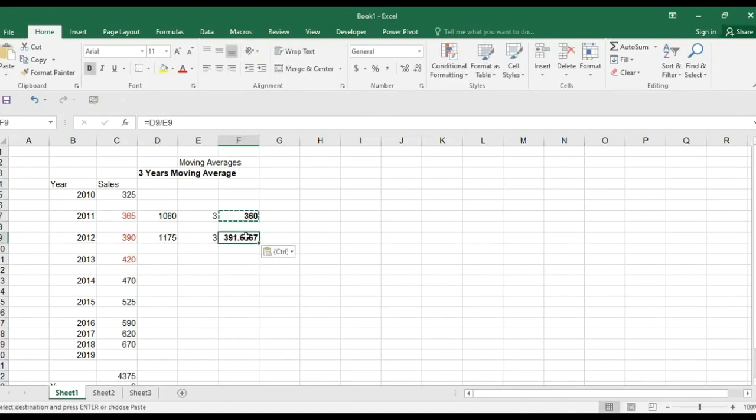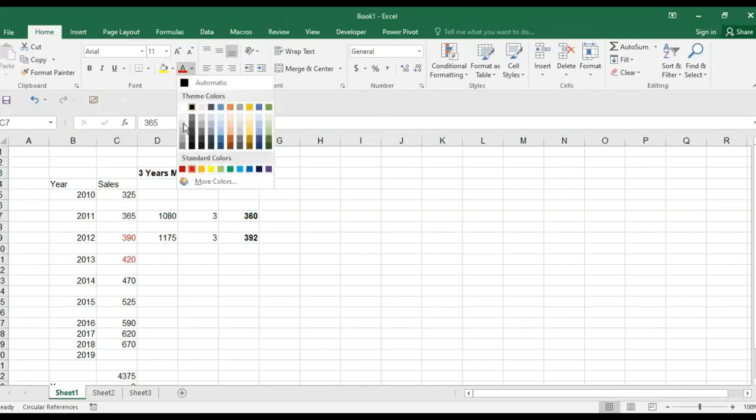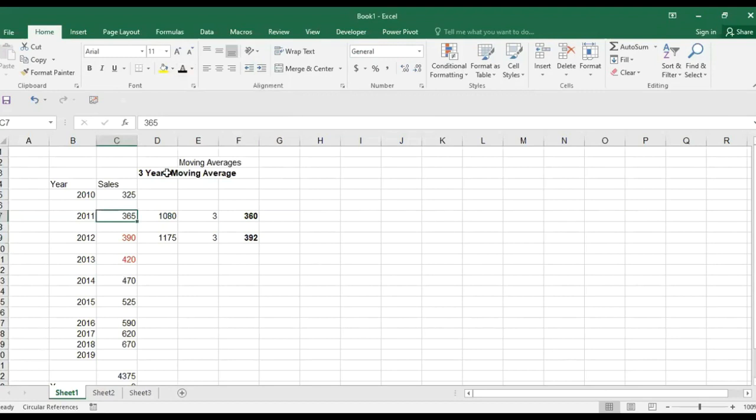So this 391 or 360, you call it a 3 years moving average, because it's an average of 3 years, and I'm calling it moving average because I'm moving the data. So now the next step is that you ignore this 365, and you add one more value from below.